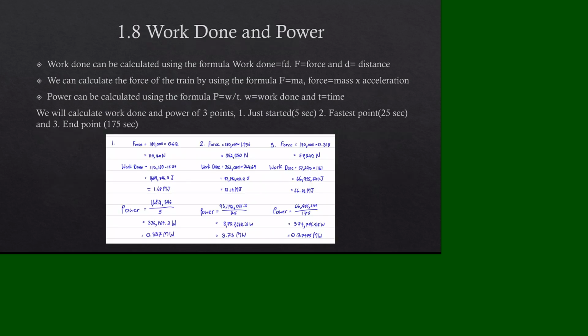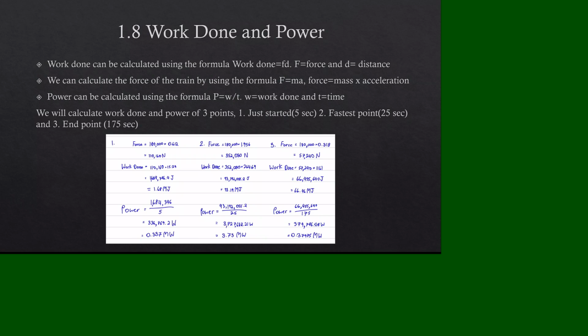1.8 Work done and power. Work done can be calculated using the formula work done equals force times distance. We can calculate the force of the train by using the formula F equals ma, force equals mass times acceleration.